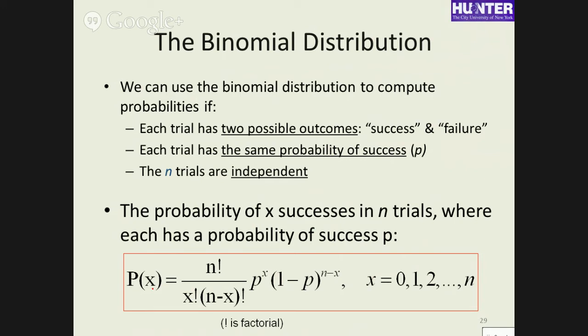So in the example of the private health insurance, with N equal to 100, this would be a very large number, 100 factorial. So that's 100 times 99 times 98, etc., all the way down. And it's divided by, in that case, we wanted the probability of 60 individuals having private health insurance, so 60 factorial times 40 factorial. And then this P is the probability of success in any one event.